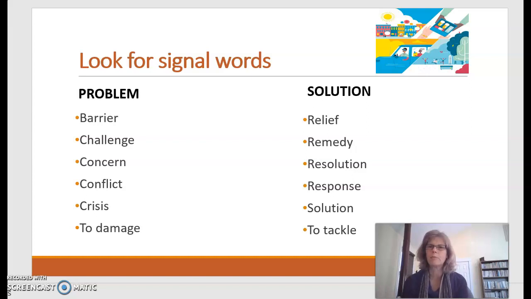And just one more is the problem solution signal words. So you can see those are on page 78. And some words are really pointing to the problem, the barrier, the challenge, the conflict. Other words are showing the remedy, the solution, the relief that can come for these problems.